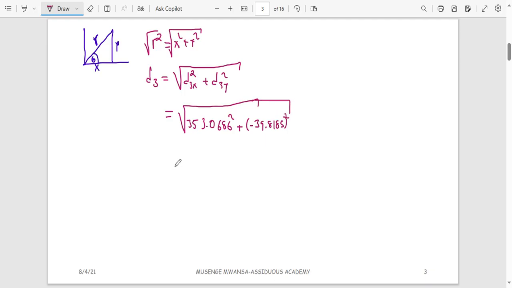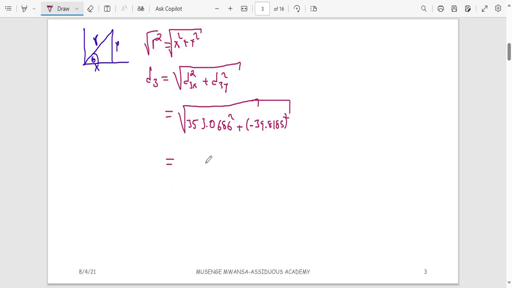Okay, like that. So what you simply do is you can start with what is inside the brackets, negative 39.8185, square it, and then plus 353.0686, also square it.